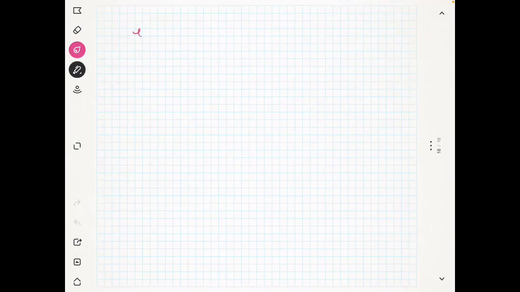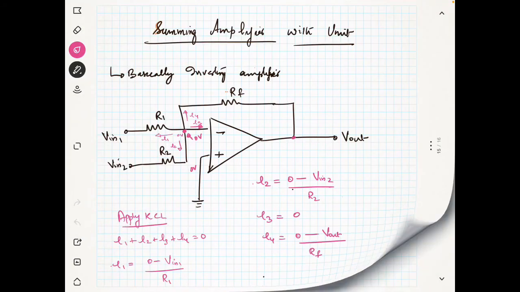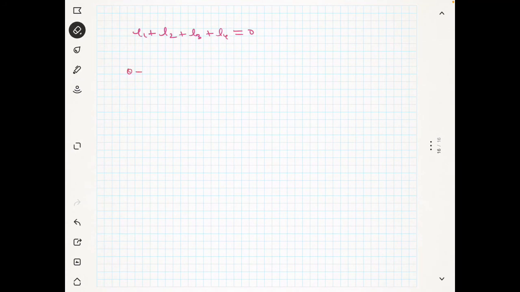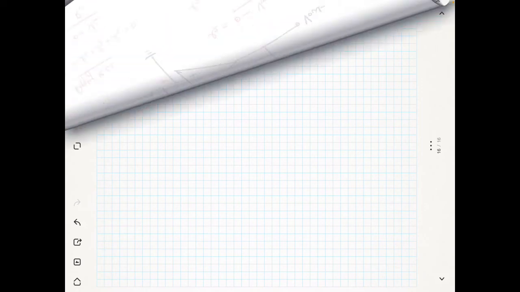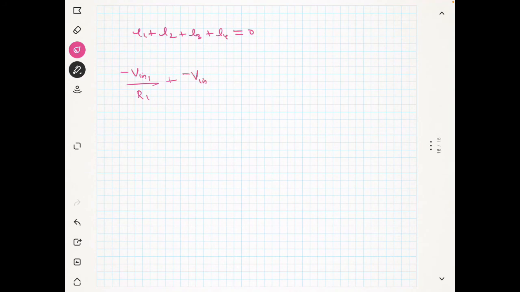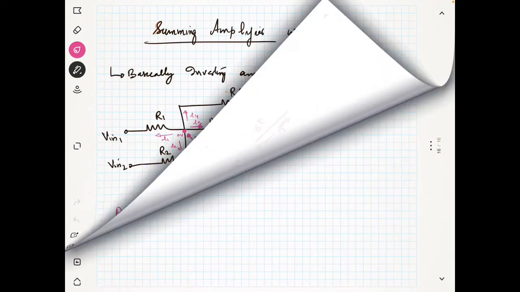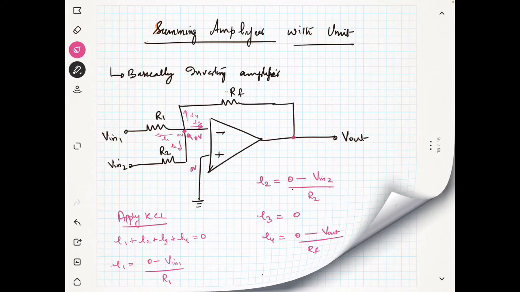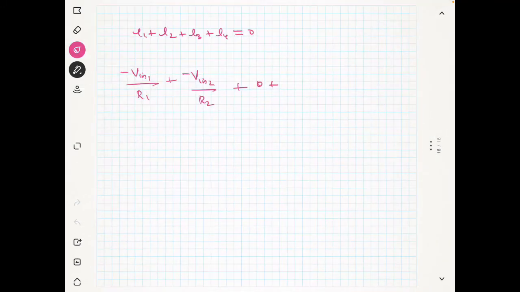Now I will add all these currents. I1 plus I2 plus I3 plus I4 equal to 0. I1 is 0 minus V in 1, which is minus V in 1 divided by R1, plus I2 is minus V in 2 by R2, plus I3 equal to 0, plus I4 equal to 0 minus V out, that means minus V out divided by RF.